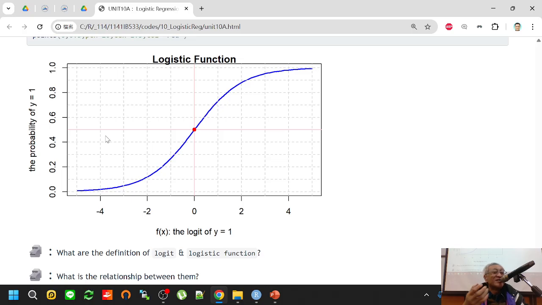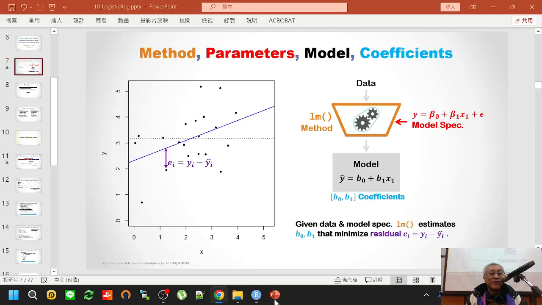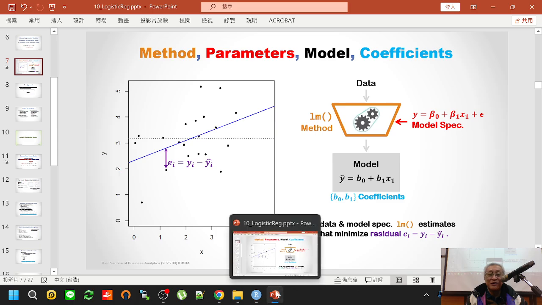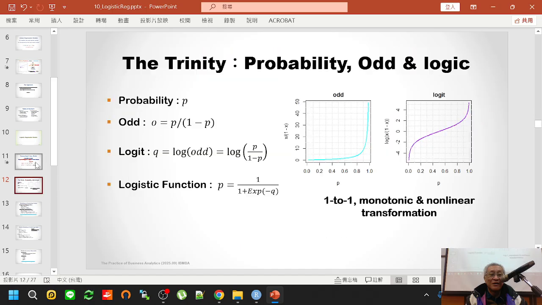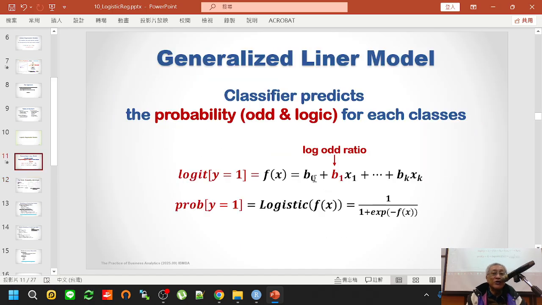So this is the logistic function, and it basically transfers this linear combination back to the probability of y equal to 1.